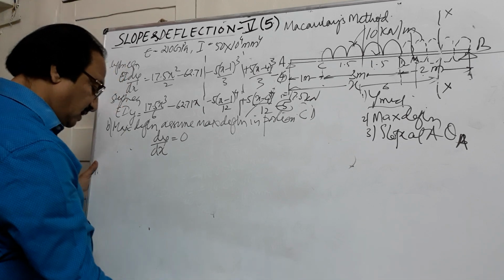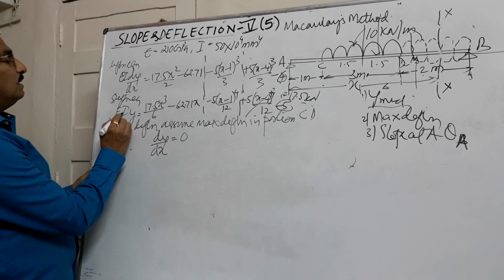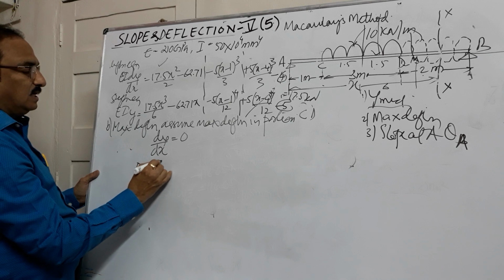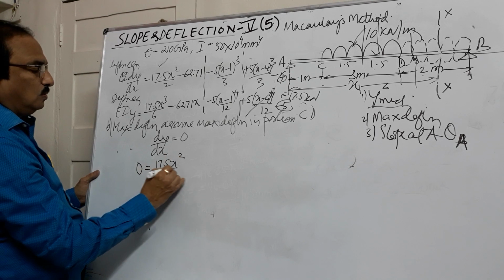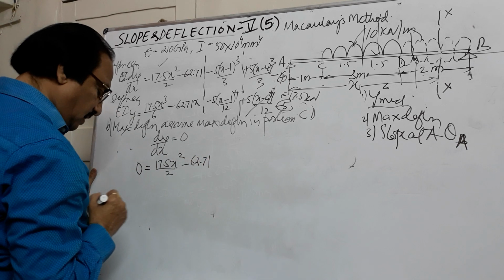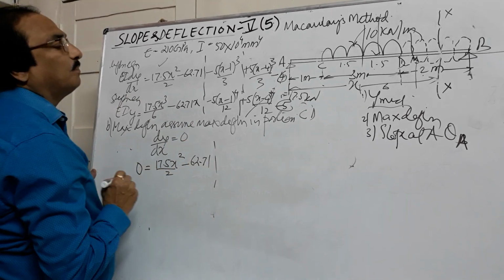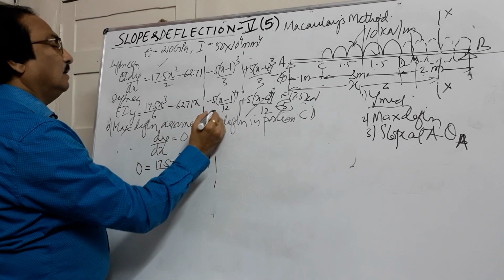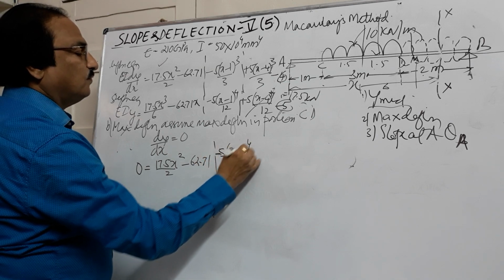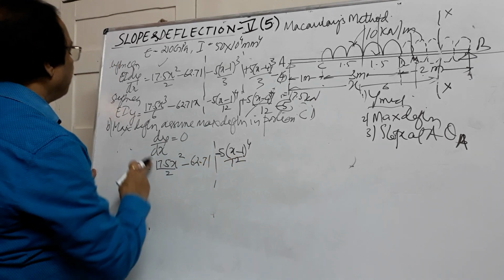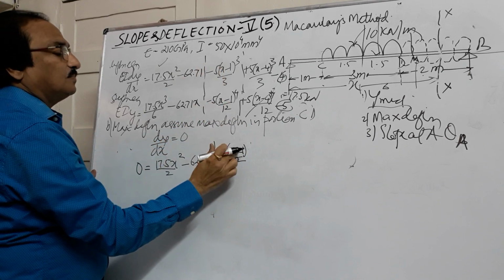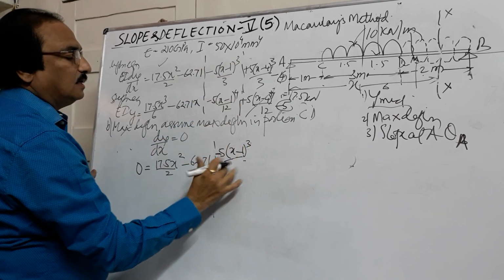Now here, if I consider the dy by dx equation, 0 is equal to 17.5 x square by 2 minus 62.71, then this portion will come up, minus 5 into (x minus 1) raised to 3 divided by 3.